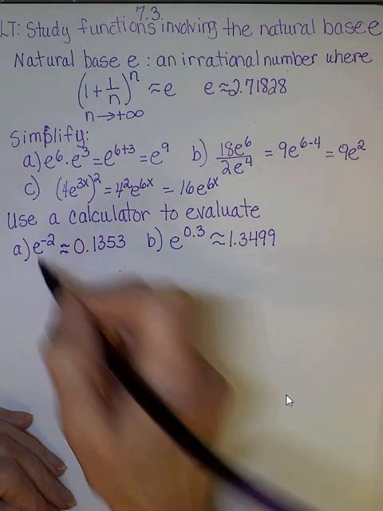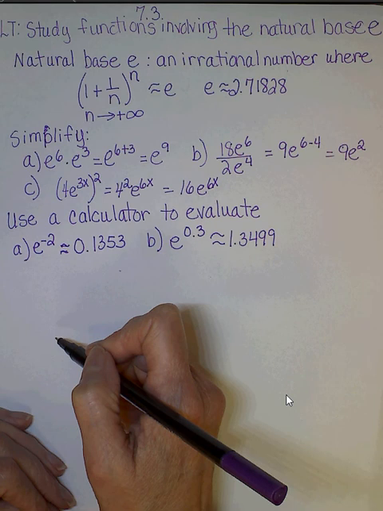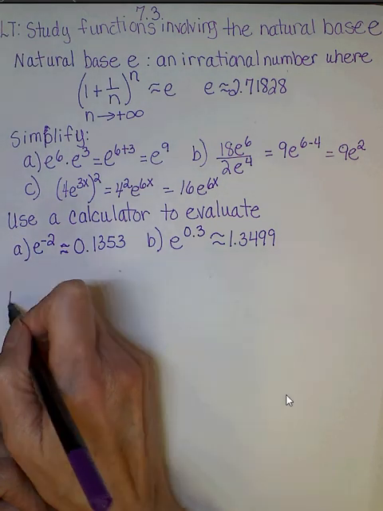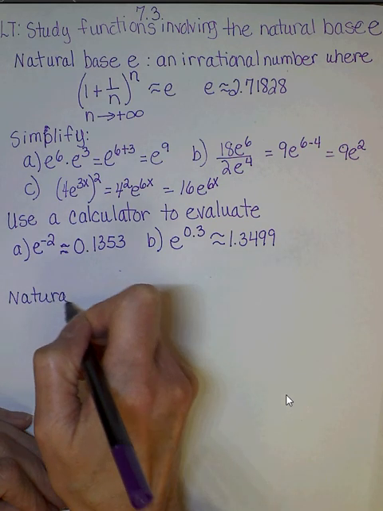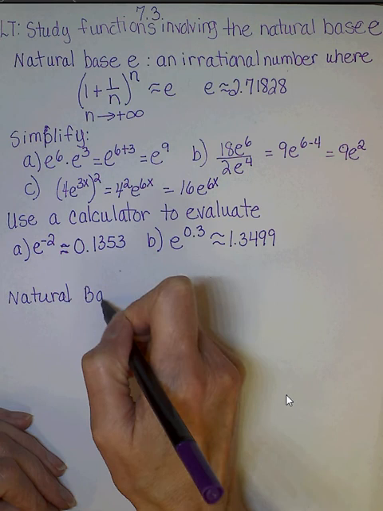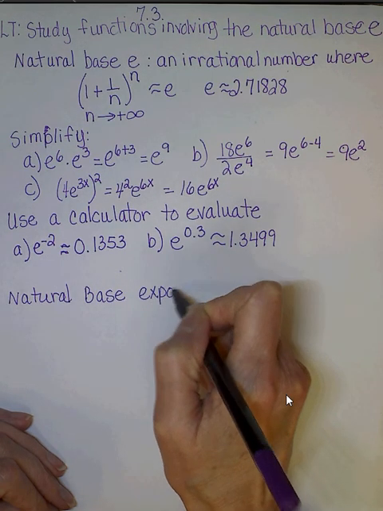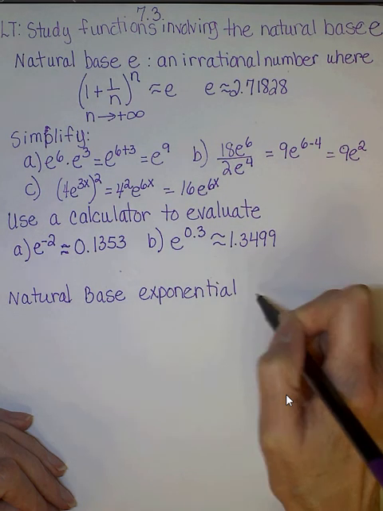Now, we can use the number e in our exponential growth and exponential decay model as well. So it looks a little bit different if we use the natural base in an exponential function. But it's really the same.